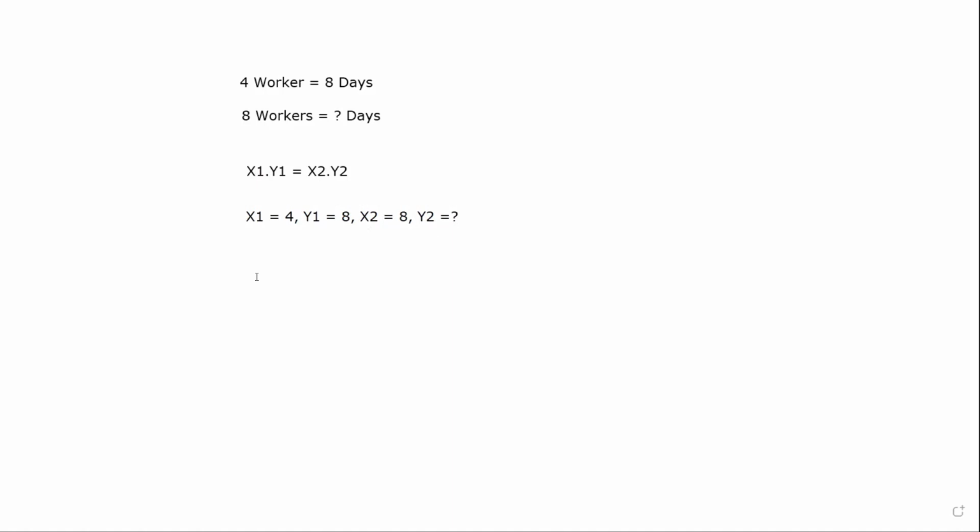So it's very simple now. x1 is 4, multiplied by y1, which is 8, equals x2, which is 8, multiplied by y2, which is unknown. So we're going to find the value of y2 now.